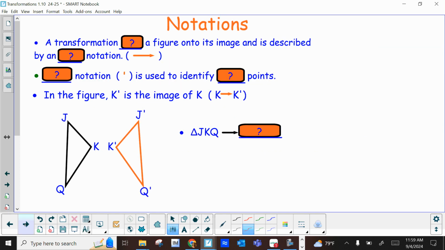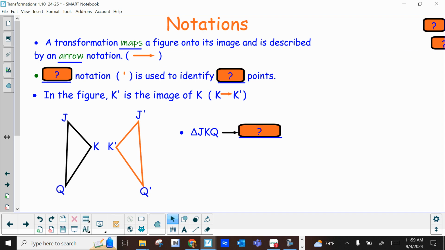All right, some notations you'll need to make note of when we do this: when a transformation maps a figure onto its image and is described by an arrow notation, then we have a transformation going on, okay? So we're mapping a figure, arrow notation.